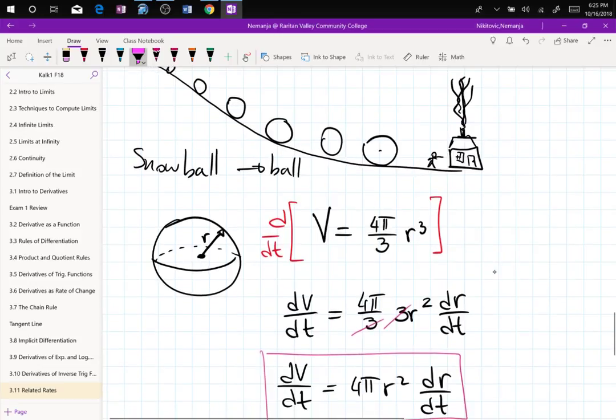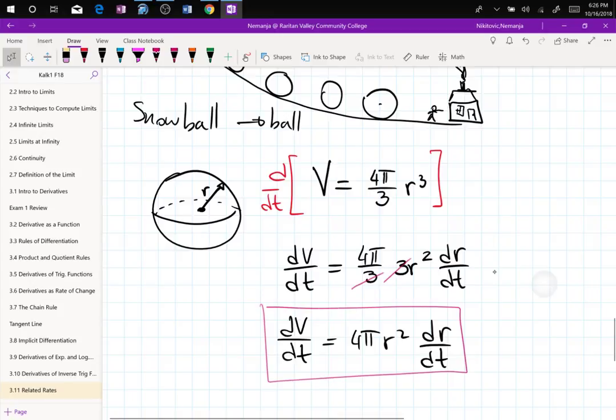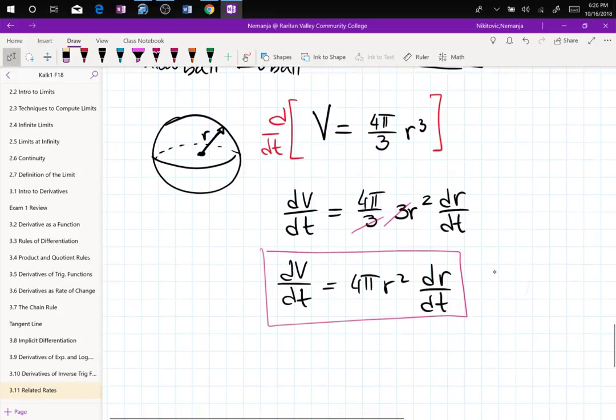So as you can see, the problem is solved because we can say, okay, the radius of the ball is 6 inches and it's growing at a certain rate, per minute or per second, doesn't matter.